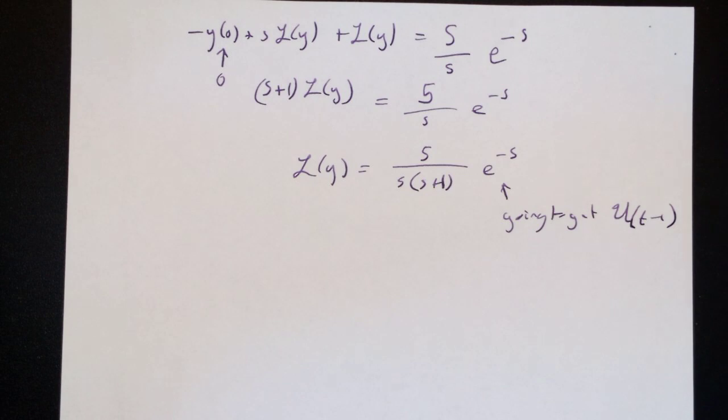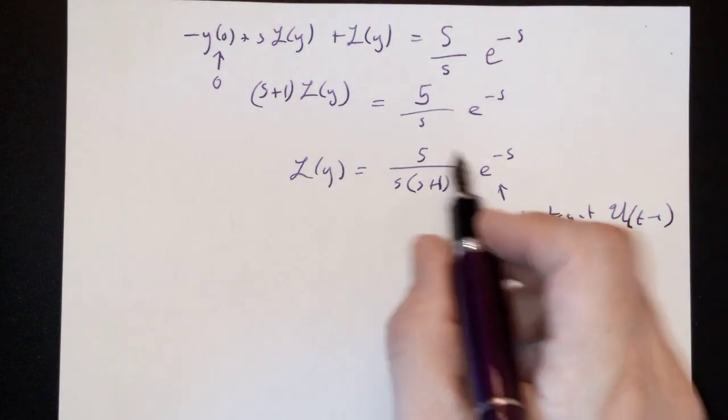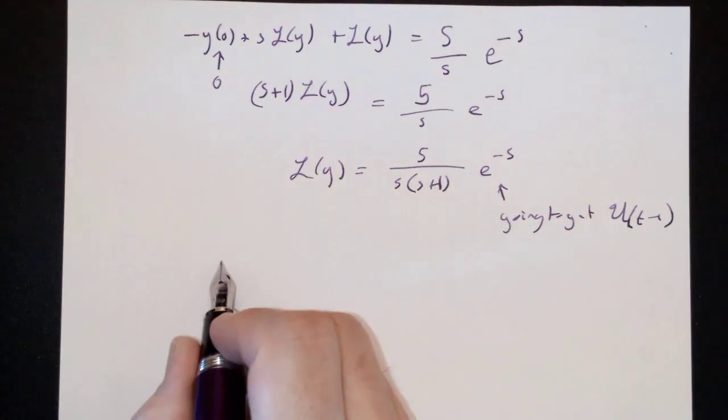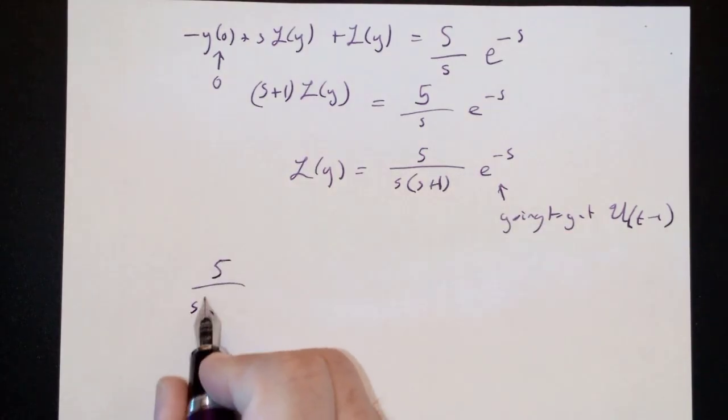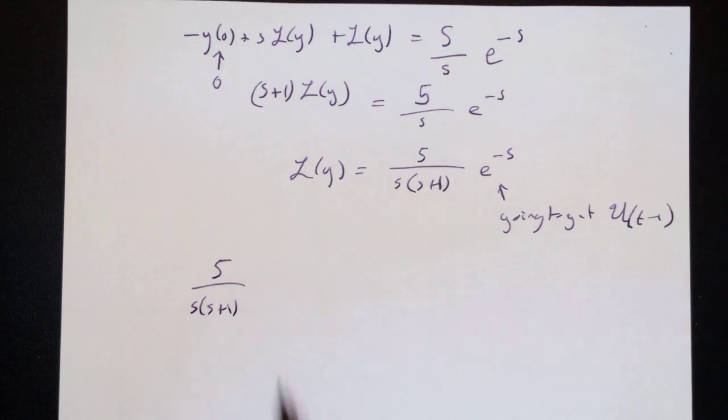But what I need to know is what's the inverse transform of this? 5 over s plus 1. What do I need to do? Which means partial fraction time. I'll cheat. I did this one already.